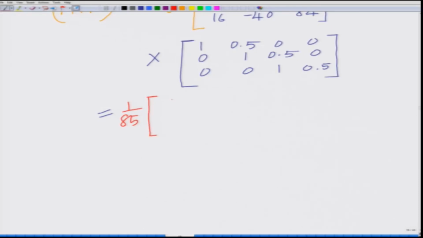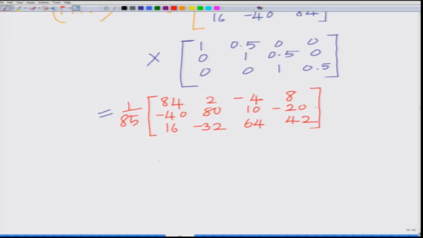So that gives a 3 cross 4 matrix, that is 1 over 85 times 84, 2 minus 4, 8, minus 40, 80, 10 minus 20, 16 minus 32, 64, 42.